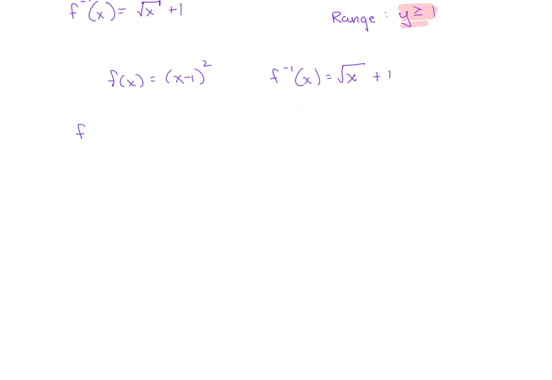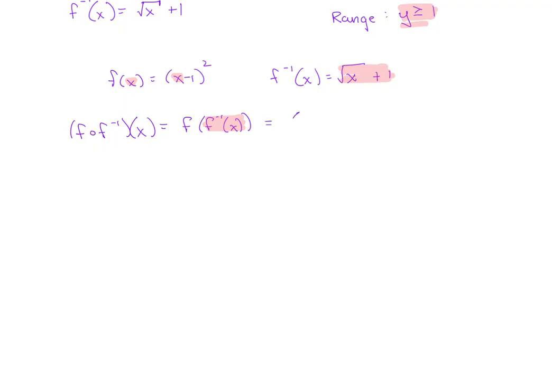If we compute f of f inverse of x, we are going to plug f inverse into our original function. So wherever we see an x, we are going to replace it with the square root of x plus 1.